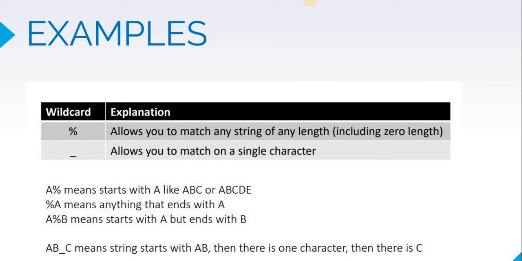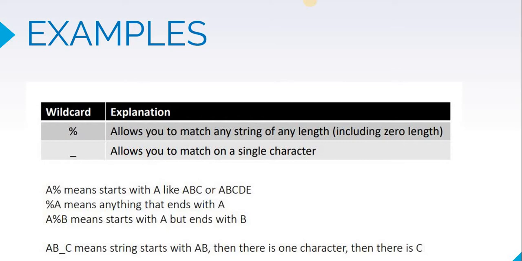When you are using wildcards with like, there are two particular wildcards. One is the percent symbol. Percent symbol allows you to match any string of any length, whereas this underscore wildcard allows you to match only a single character.